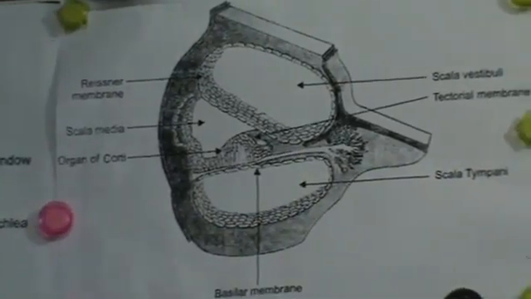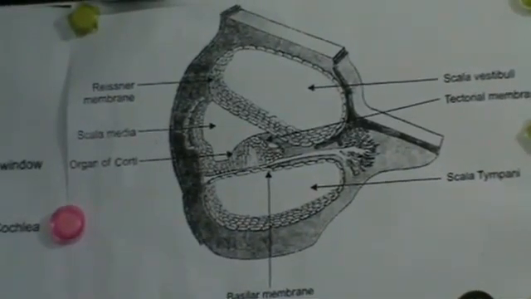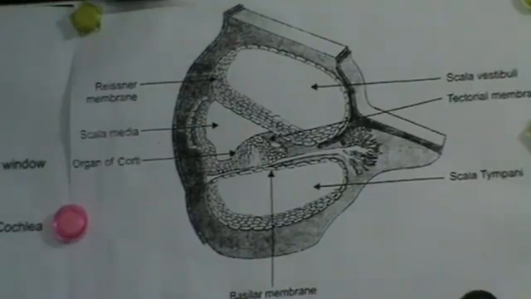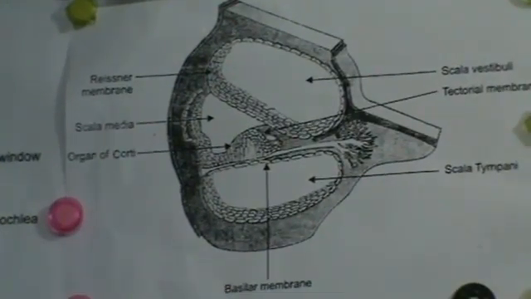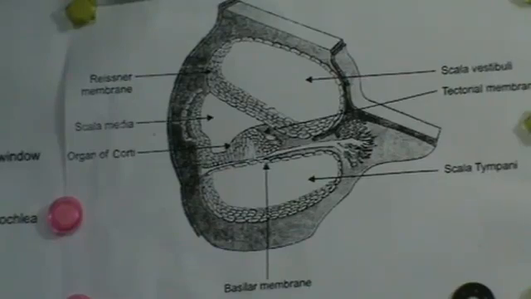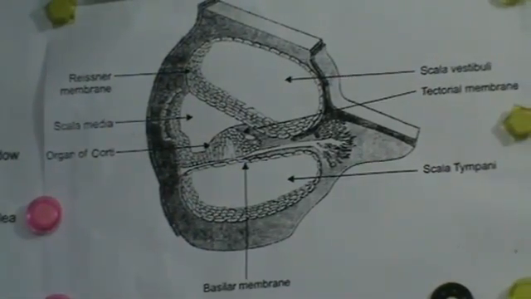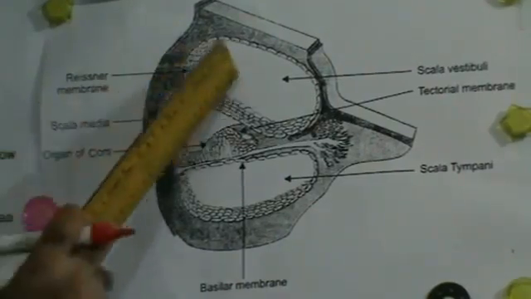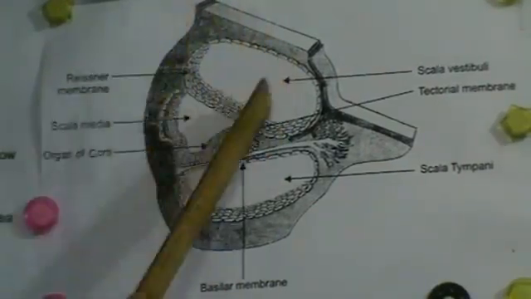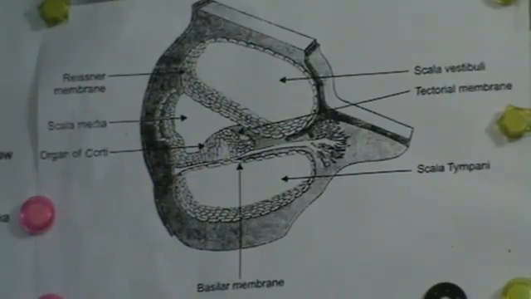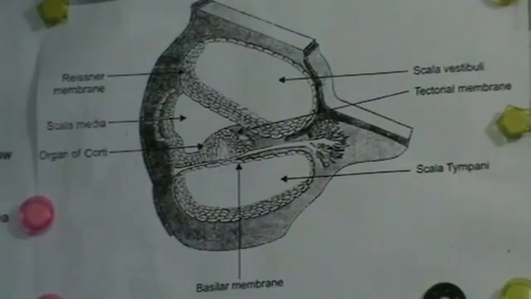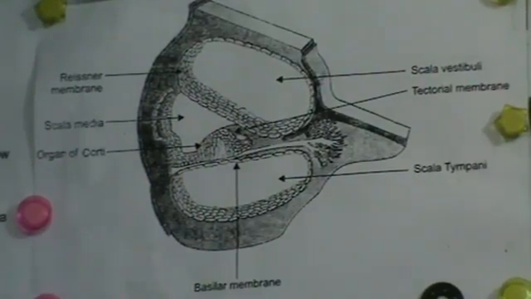The coil makes about 2 3/4 turns around the central bony core, and the bony core is made up of scala vestibuli, scala media and scala tympani. Do we get this thing clear?